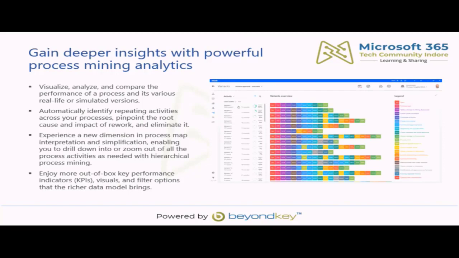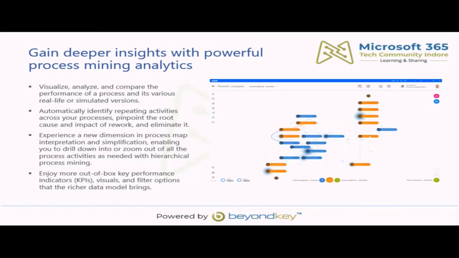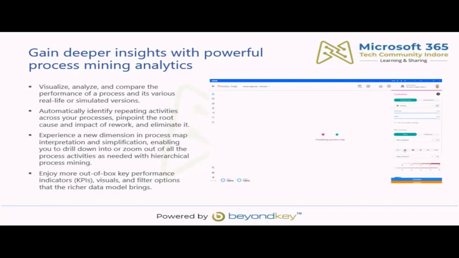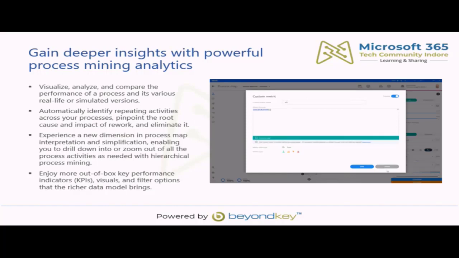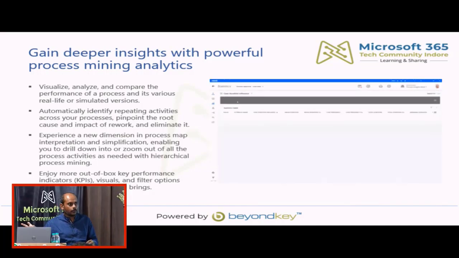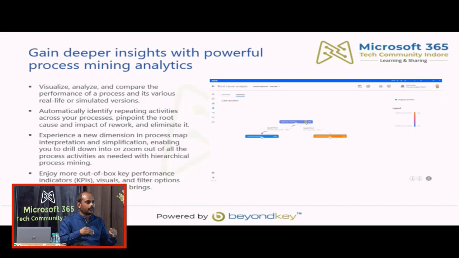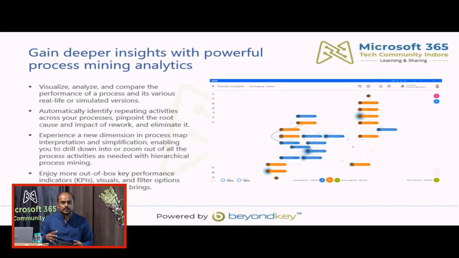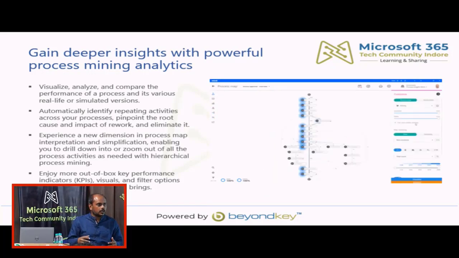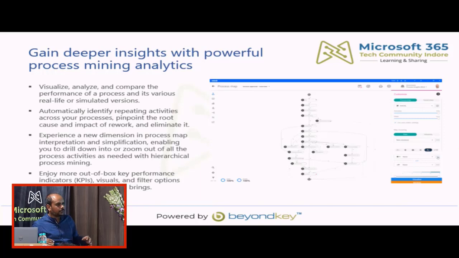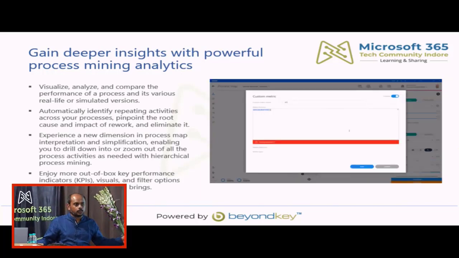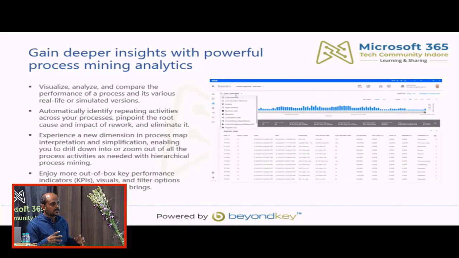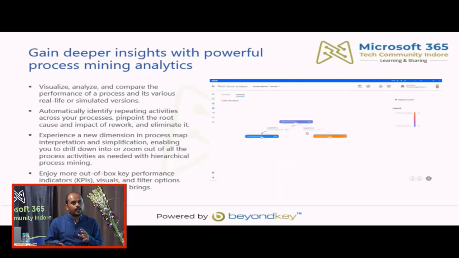That dashboard will help us gain deeper insight with powerful analytics: what is taking time, how much time it is taking, what is the minimum time taken for any process, what is the maximum time taken for any particular process, and what are the number of ways in which that process was performed, because to complete a process there could be n number of ways. It will identify all those possibilities and list them out, so you can analyze more. You just feed the data, analyze it, and then recommend the solutions to your client.